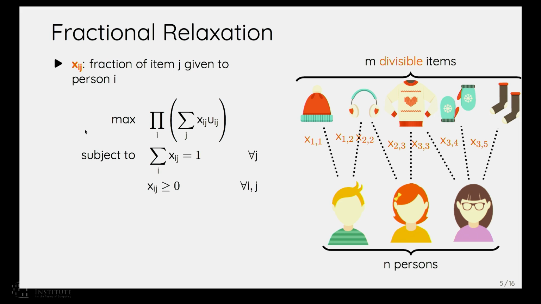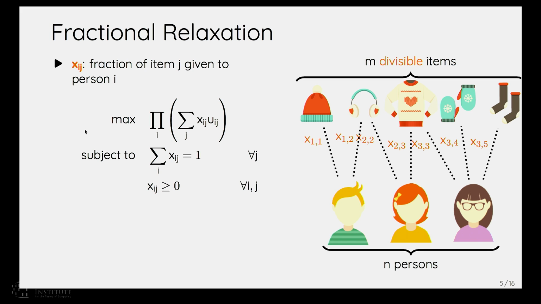Let me begin with a fractional relaxation that would come to the mind of everybody who will first attempt to solve this problem. The typical fractional relaxation is that instead of indivisible items, you would assume that your items are divisible. So you would have a variable x_ij, which is the fraction of item j that you give to player i.